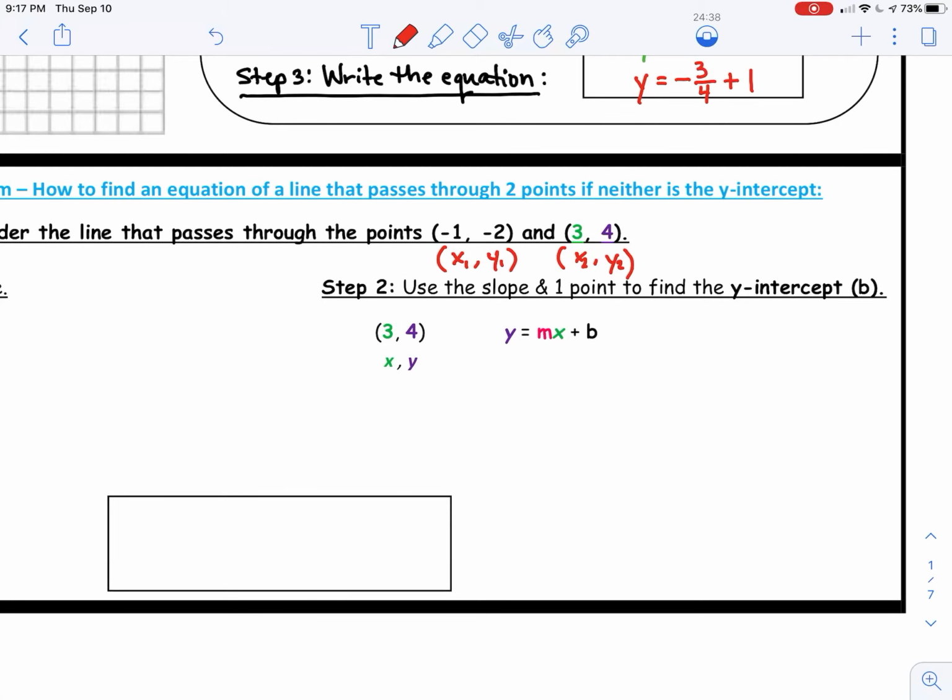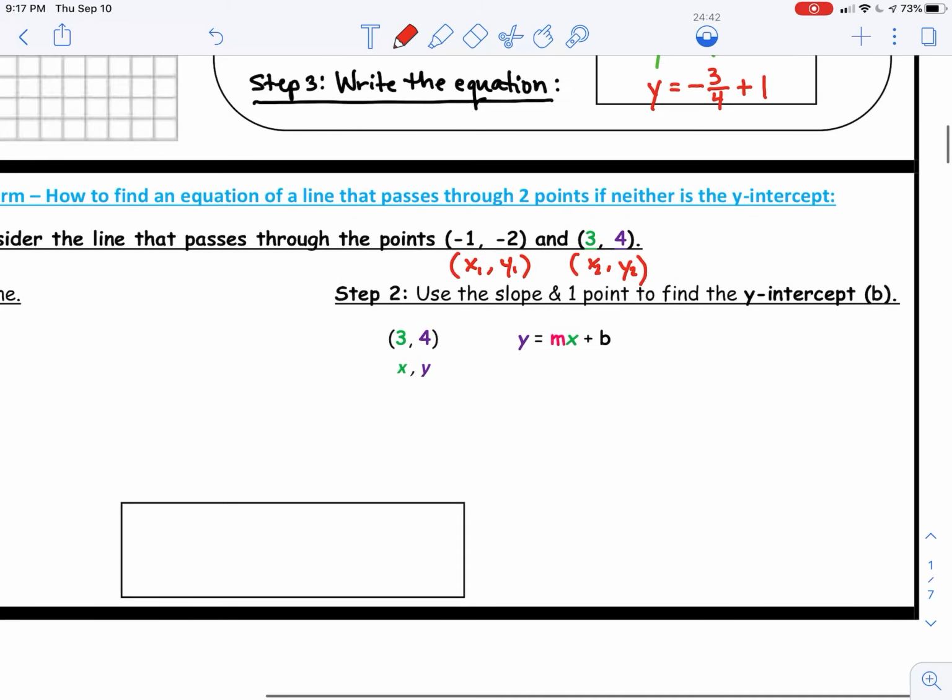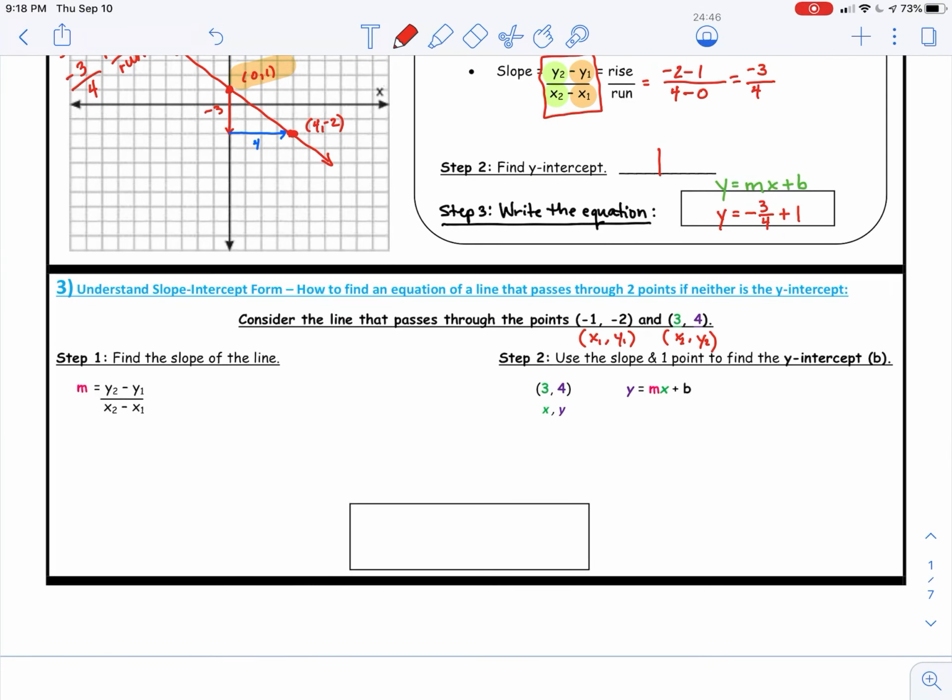Because if I call them both x, y, I really won't know which set of points I'm referring to. So when we have 2 sets of points that we're dealing with in any equations or formulas that we have to fill in, we need to identify them and give them their own individual identities.